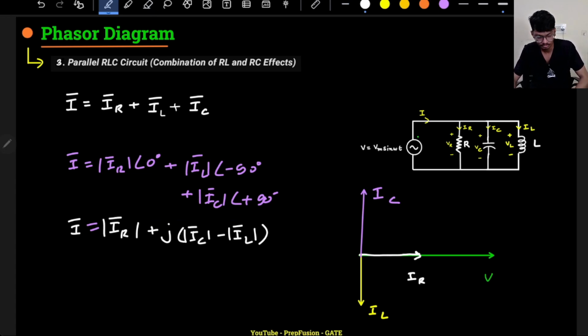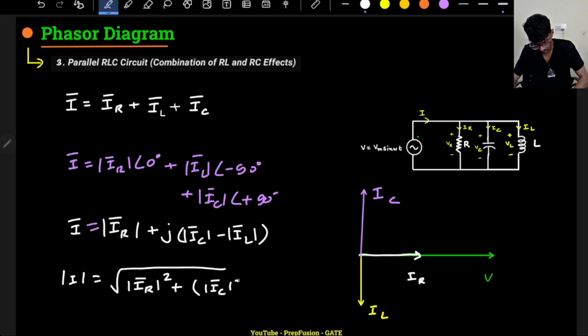If you want to find out the cos phi and all those things, it depends on what your cos phi is, but your magnitude will be the same. Magnitude will always be under root IR whole square plus (IC minus IL) whole square.